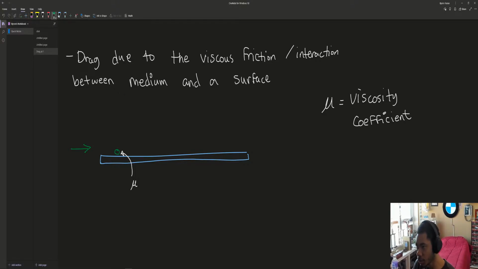Additionally, if we look at that same molecule, and we draw a second molecule above it, we'll find that here we also have a viscosity coefficient. So on the molecular and atomic level, the molecules of air are rubbing against each other. And this is why, if you remember from the lift video, we had our boundary layer.